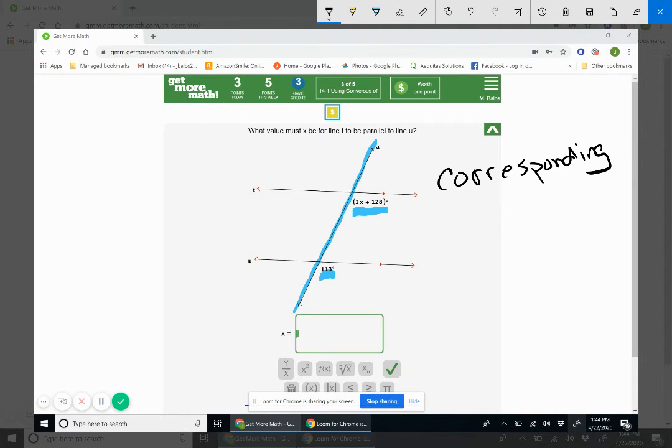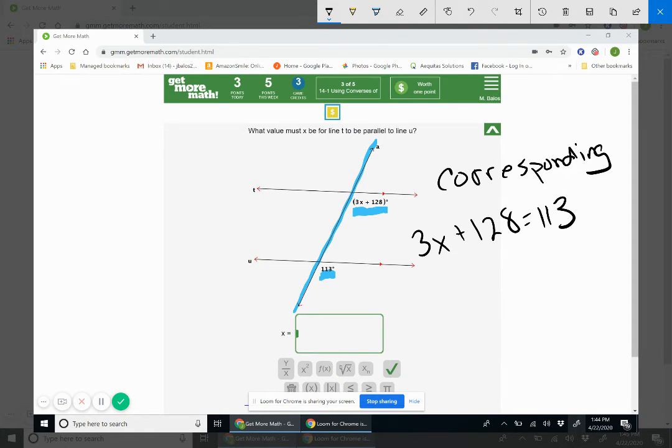Okay, what do we know about corresponding angles? Corresponding angles are congruent. The only pair that's not congruent are same side supplementary. All the rest are congruent. So you write one equals the other. So I'm going to do 3x plus 128 equals 113. Now just solve normally.